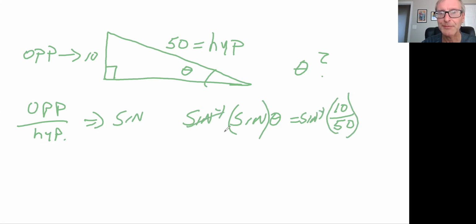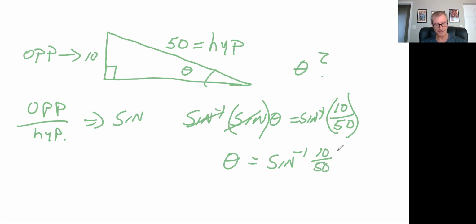And so these cancel, and we have theta over here, and then we have sine inverse of 10 over 50. So what is that answer? Well, you would have to get your calculator out now, and you would do 10 divided by 50, and then you would take the inverse sine. And when you do that, I have mine set to degrees, and you have about 11.5 degrees.